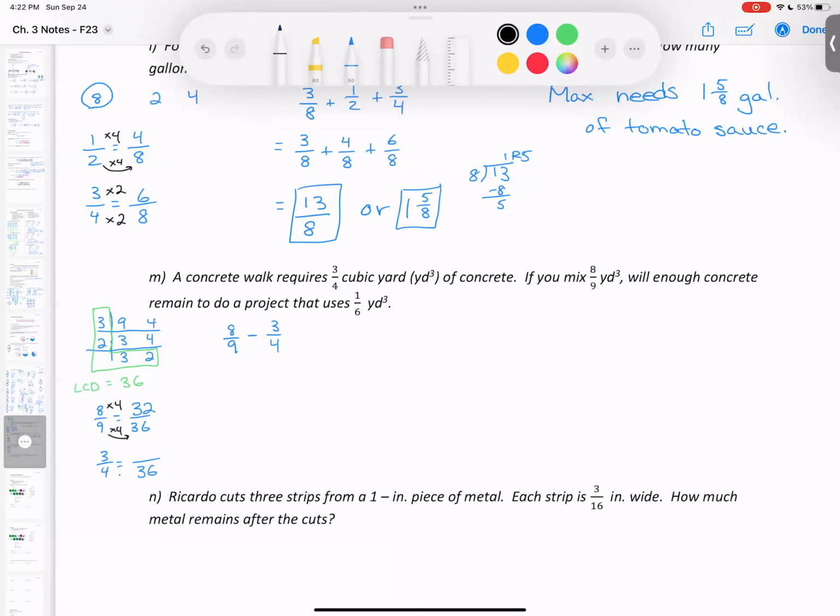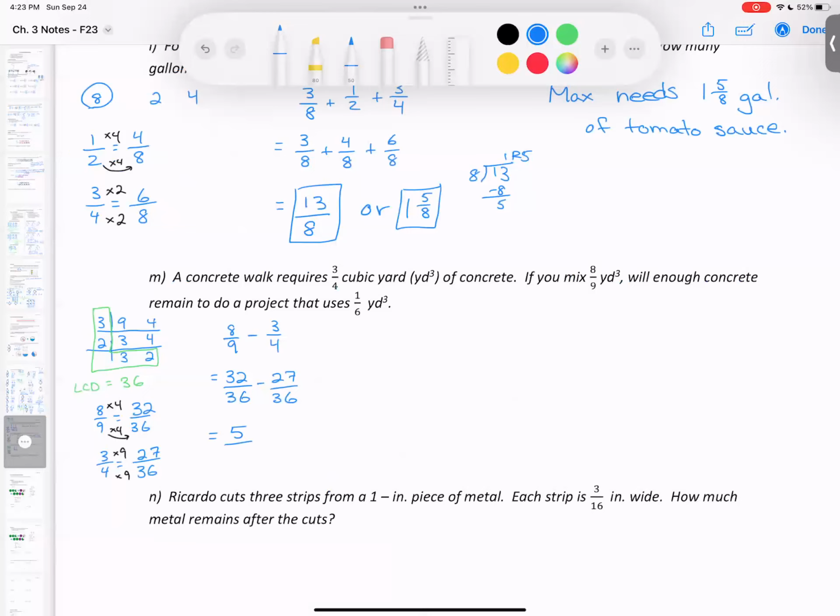And 4, I had to multiply by 9 to get to 36. So 3 times 9 gives me 27. So this would be the same thing then as 32/36 minus 27/36. And that is 32 minus 27 gives me 5.